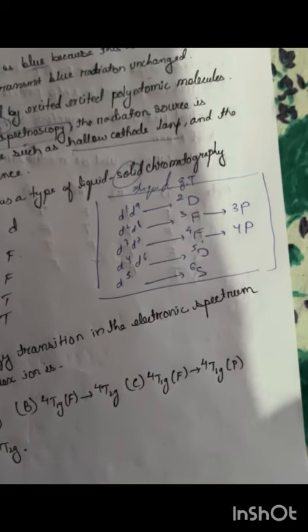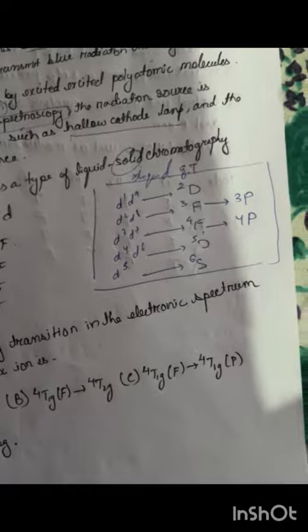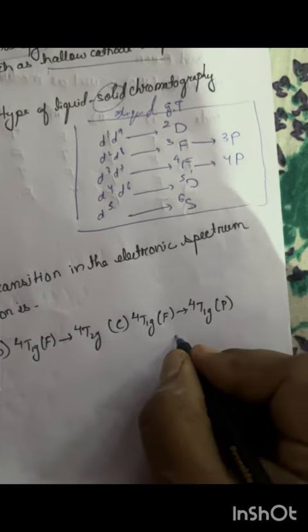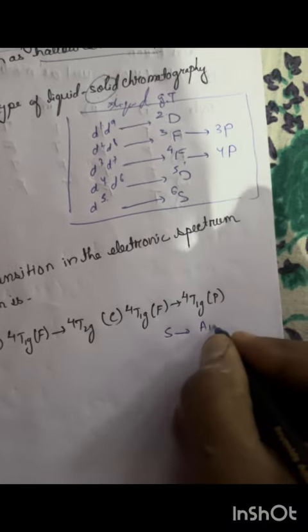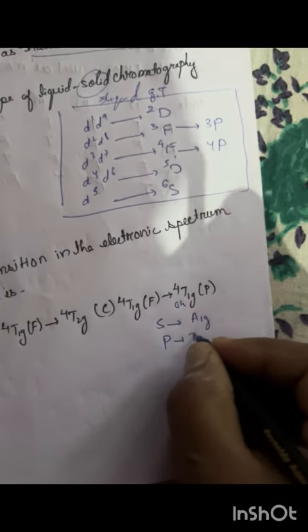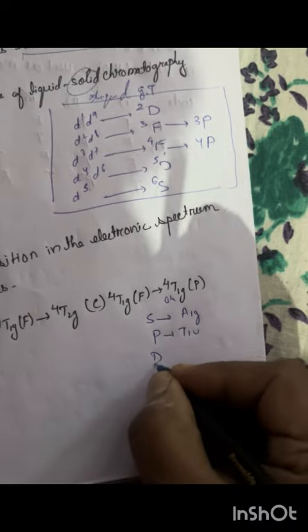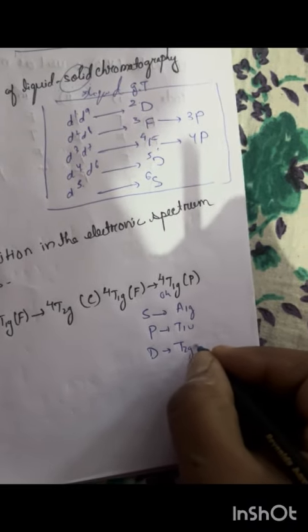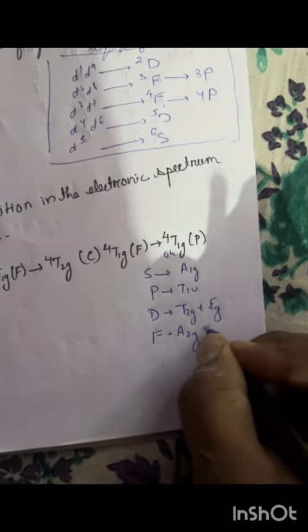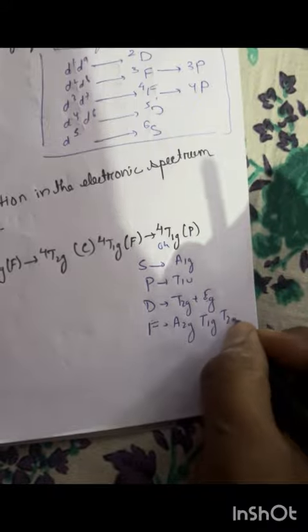Next important point you should know. These are very important tricks. Next you should know what the transitions are, right? For S it is A1g, right? For an octahedral system. P is T1u, right? For D everyone knows T2g and Eg, right? Next, for F it is A2g, T1g, T2g, right?